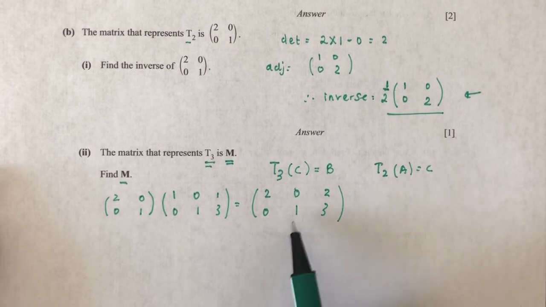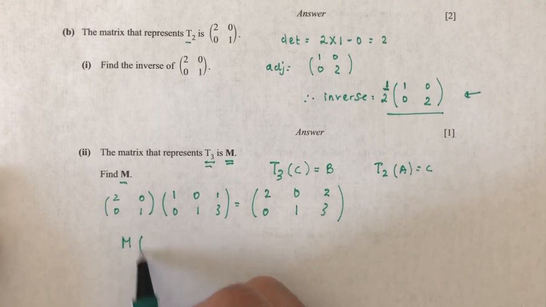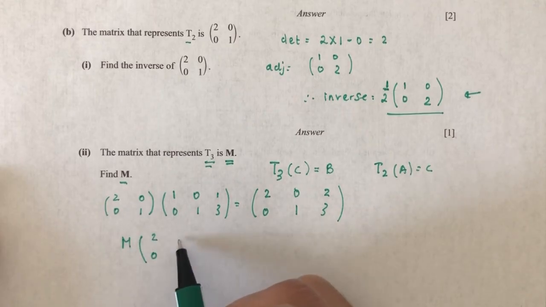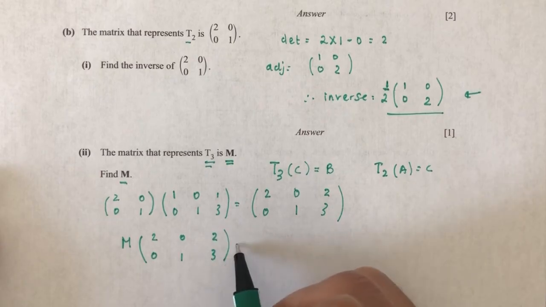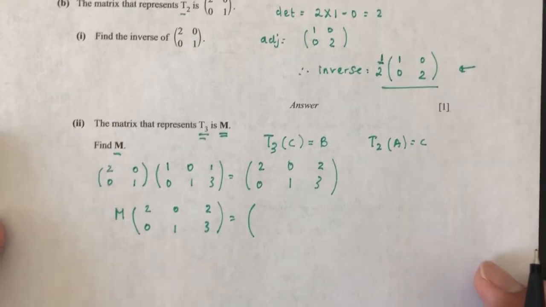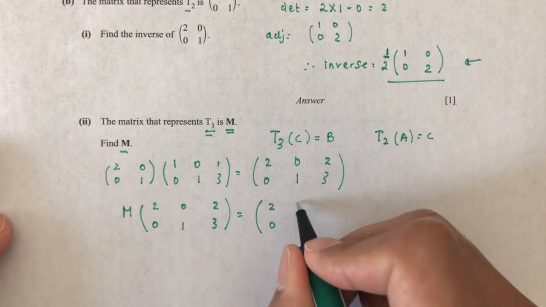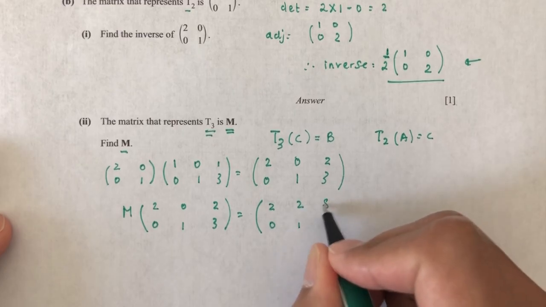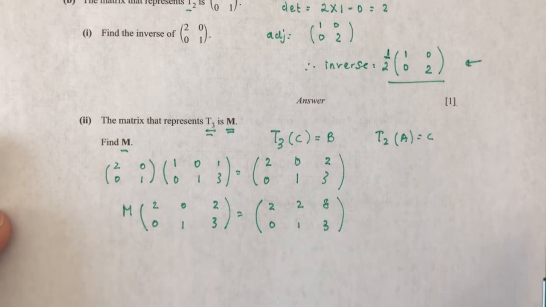Now we have to use this here. We have the matrix M times C, which is 2, 0, 0, 1, 2, 3, equal to B. B is the matrix 2, 0, 2, 1, 8, 3. We know that the matrix M is a 2 by 2 matrix.